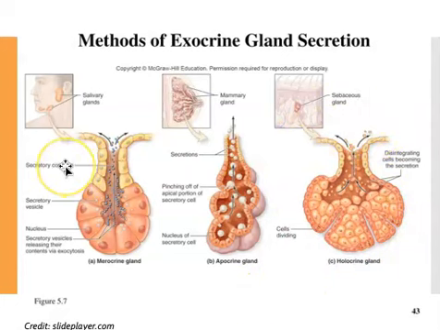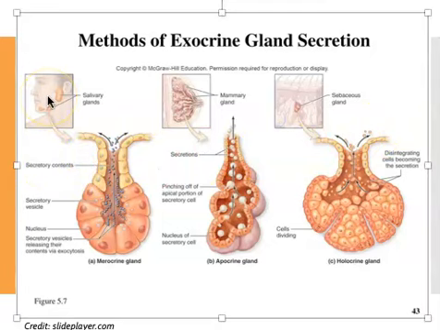The artist has shown us examples of where these glands are found as well. For example, the salivary glands are this merocrine type. And remember, in a merocrine type of gland, these cells that line the acinus are going to make and secrete their material, in this case, saliva.